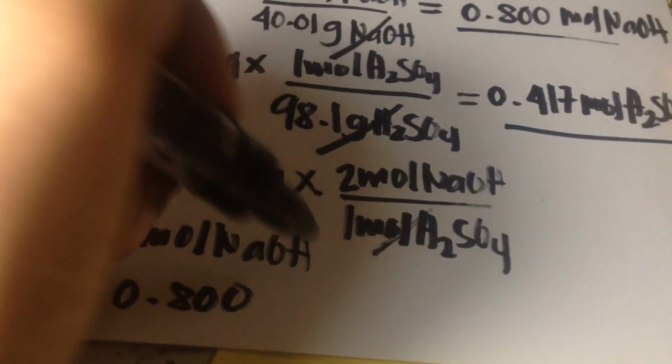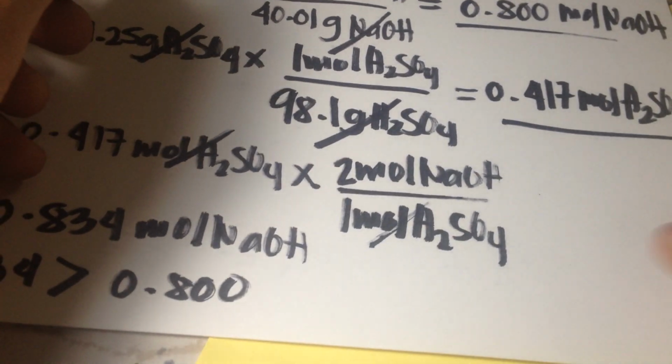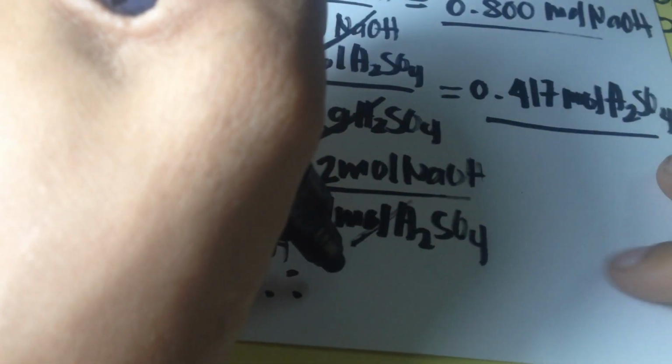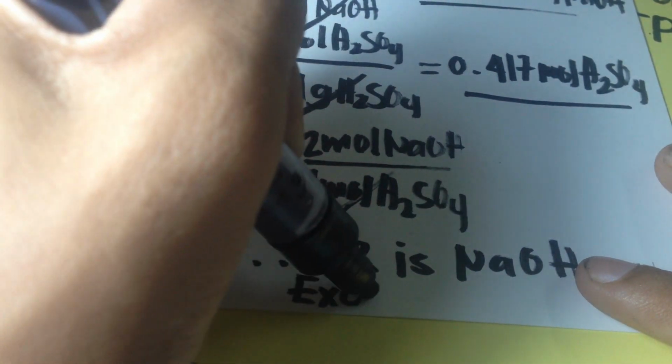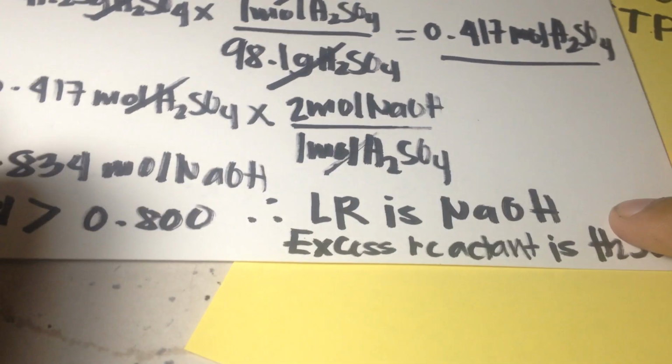So therefore, the limiting reactant is NaOH, and the excess reactant is sulfuric acid. So that is the final answer.